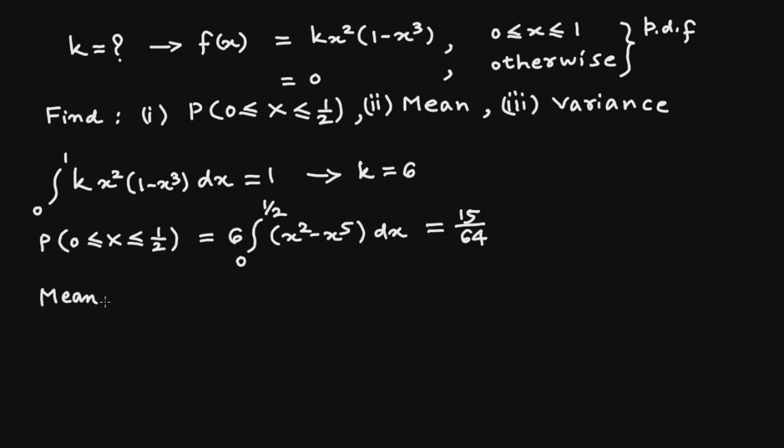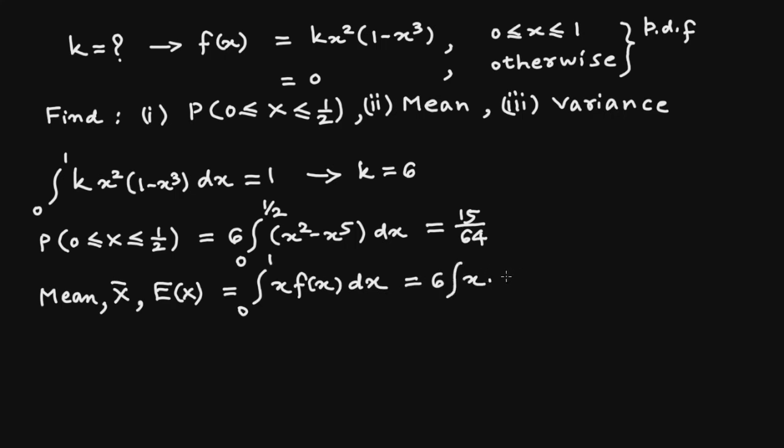Now mean x bar, which is also expectation x, is integral x f(x) dx from 0 to 1, which is k, which is 6, integral x into x square into 1 minus x cube dx, after solving gives us 9 upon 14.